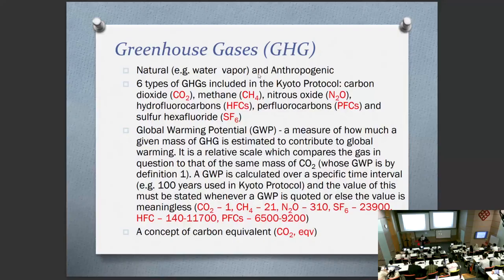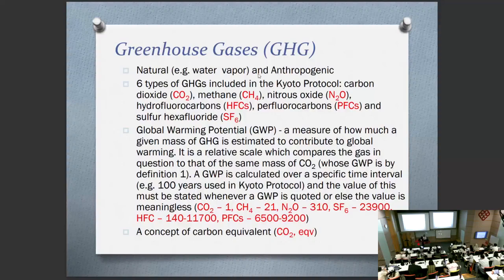So for an organization, they will release carbon dioxide or nitrous oxide and maybe methane, and we cannot just directly add up the amounts because they have different heat trapping ability. So that's why we need the concept global warming potential.